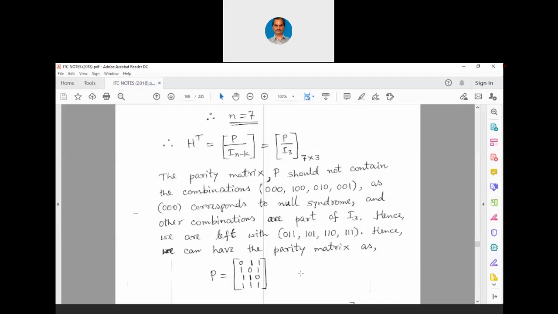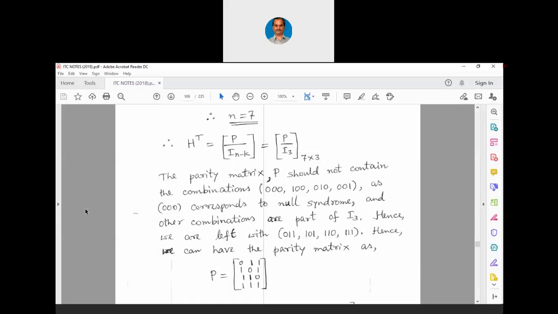That is given. The number of bits coming out of the channel encoder has to be decided, as we decided that here n equals 7. In the same way, even the parity matrix has to be decided by the designer. That is the concept which we are discussing now.